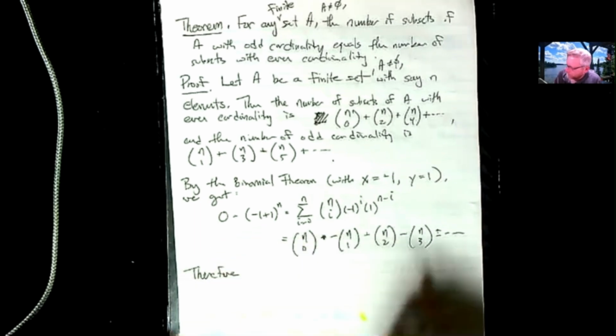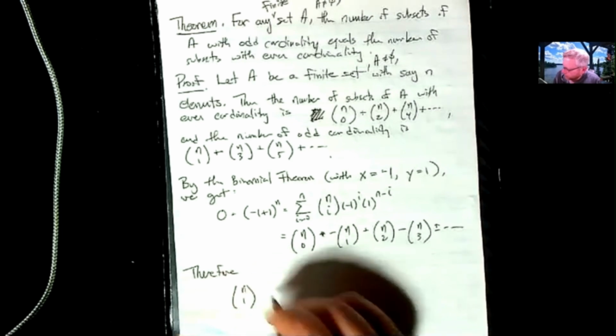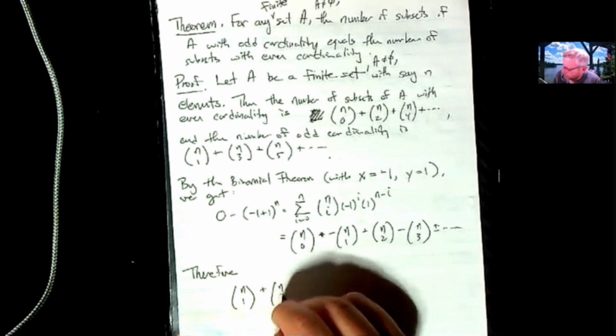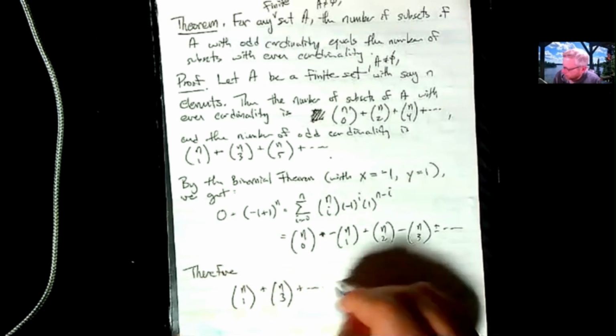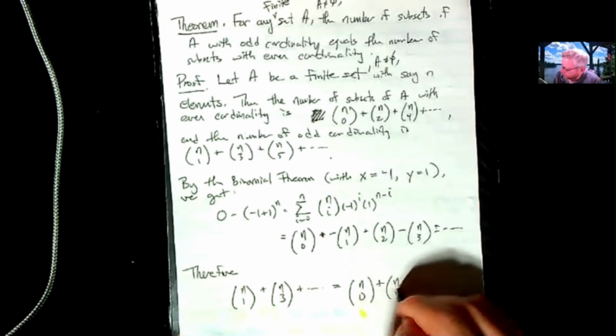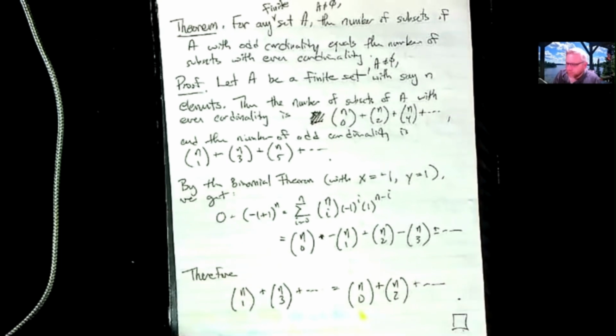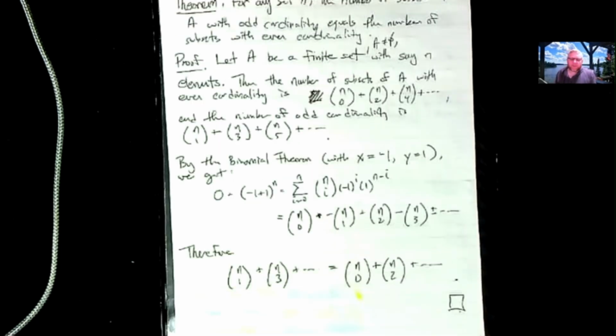Therefore, move all the negatives over, and we have n choose 1 plus n choose 3 plus dot dot dot is equal to n choose 0 plus n choose 2 plus and so on, period. And those are the two things we said were exactly what we were interested in, the number of subsets of the different sizes.